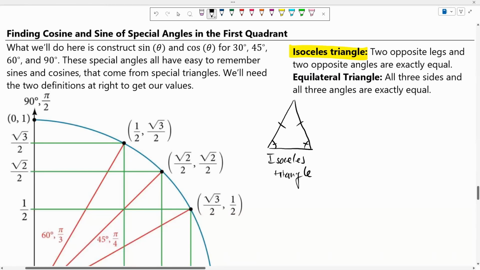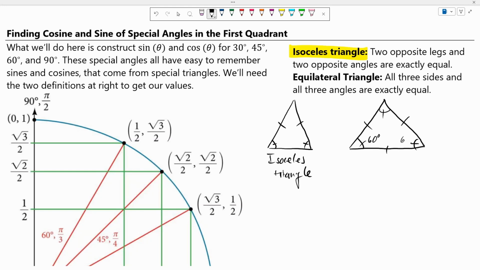And the equilateral is when everything is equal. So basically, all three angles are equal, and this side, this side, this side are equal. It just so happens that if you have this kind of equilateral triangle, all three of the angles are 60 degrees.